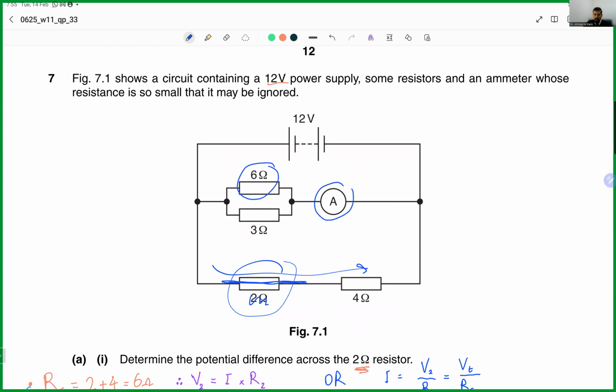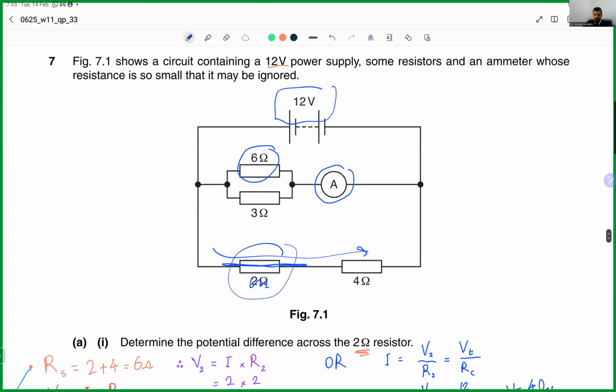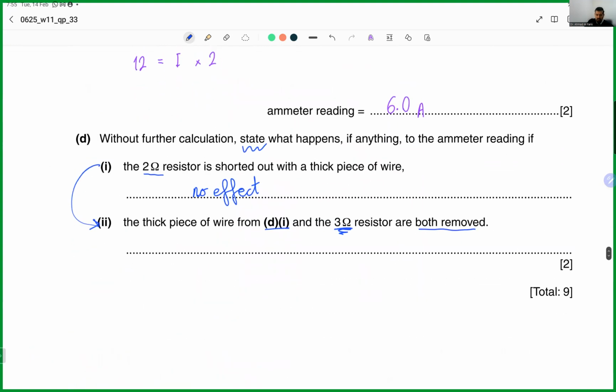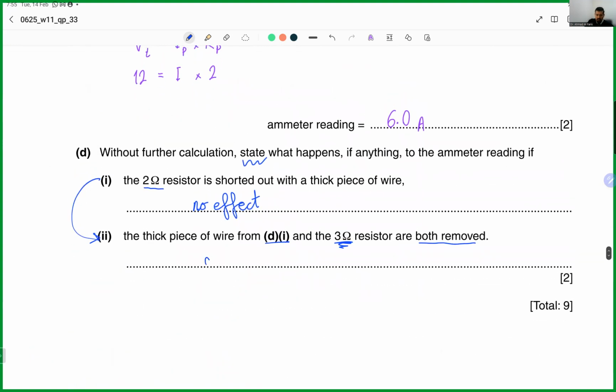So what happens to the reading of the ammeter? We have the same voltage, and the resistance increases from 2 to 6. As the resistance increases, the current decreases. So the reading decreases.